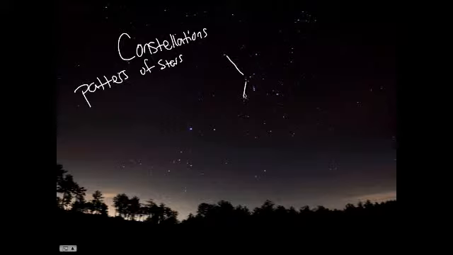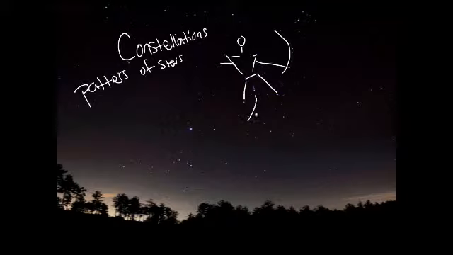There's a little figure of a hunter right here. Here's his belt. And if you picture, here's his head right here. He's got his arms coming out. He's holding a shield over here. He's got legs that come off down here somewhere. So there's a figure of a guy. This is Orion. And that's patterns of stars.